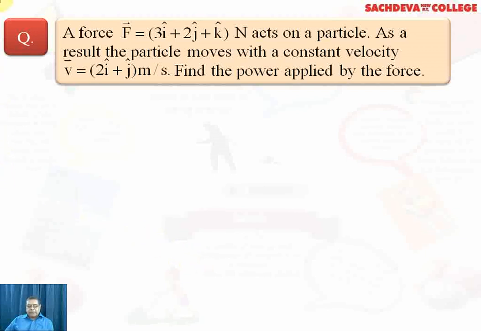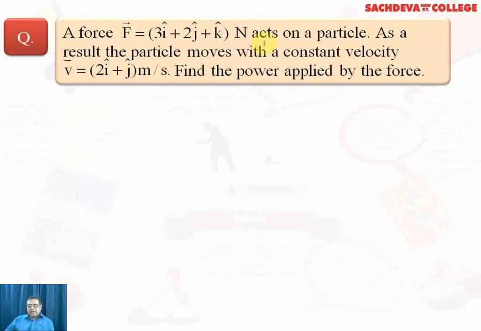Now, in another question, force is given as 3i plus 2j plus k newtons. When force is given, it means a vector is given, because force is a vector. A vector has magnitude and direction.